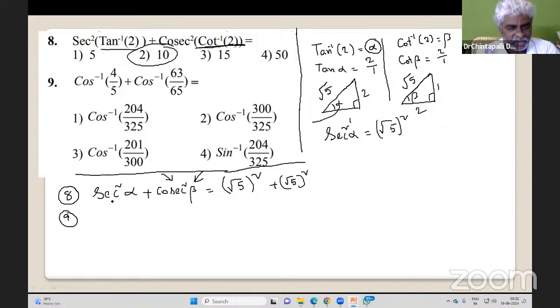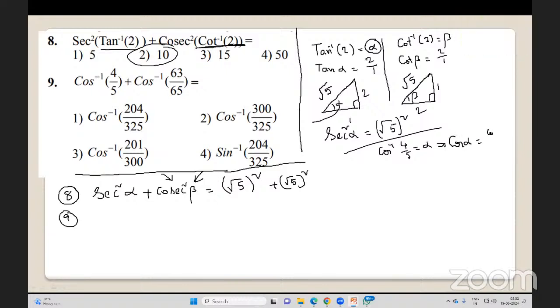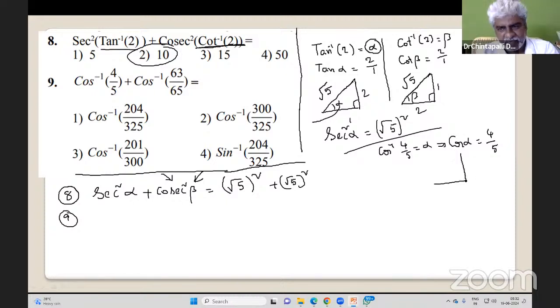Cos inverse 4 by 5. Let's take cos inverse 4 by 5 as alpha. Cos inverse 4 by 5 is equal to alpha, which means cos alpha is equal to 4 by 5. This diagram is for alpha: 4, 5.